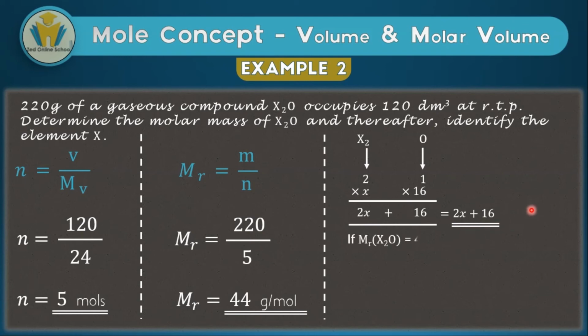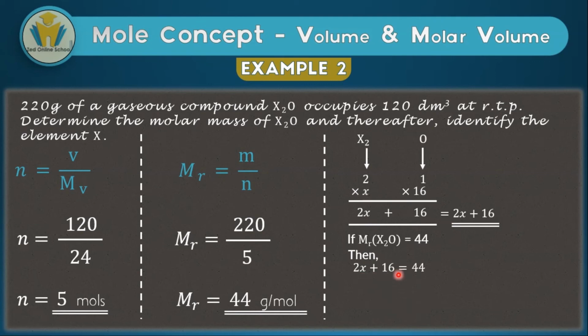Now, remember that we have the molar mass of this compound, and then we have this expression which represents the molar mass of this compound. Simply what I'm saying is that if this is the molar mass we've just found here, and this was the molar mass we found by this formula, we can equate these two things.